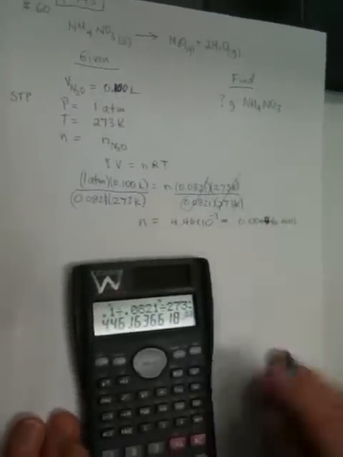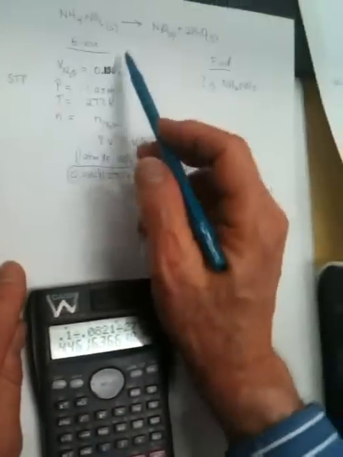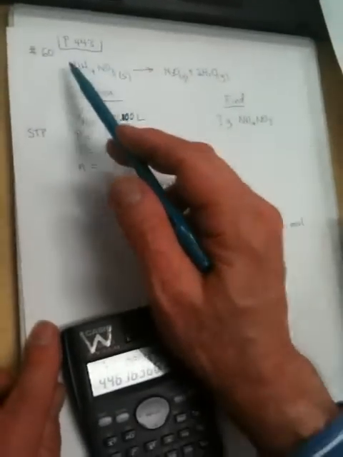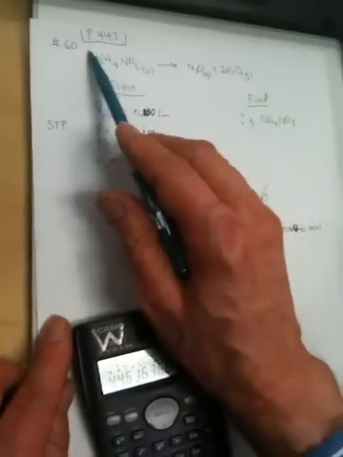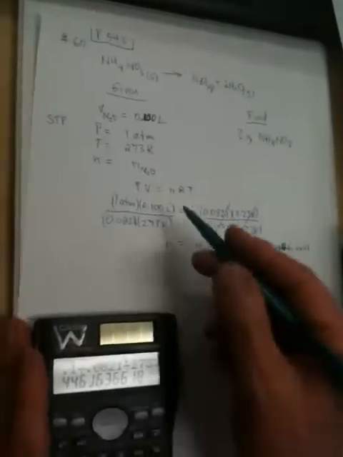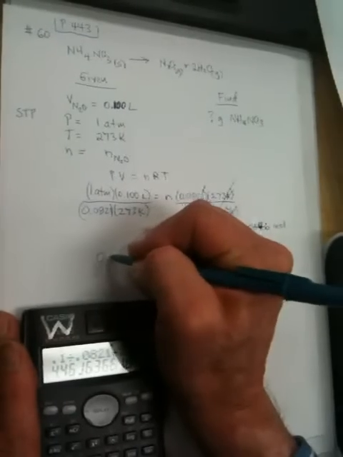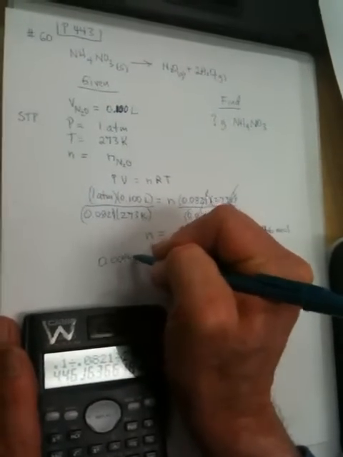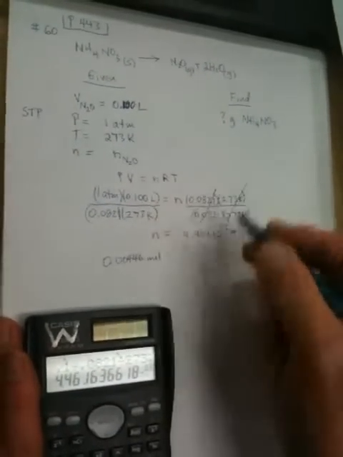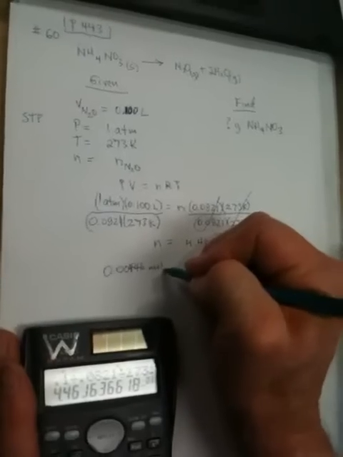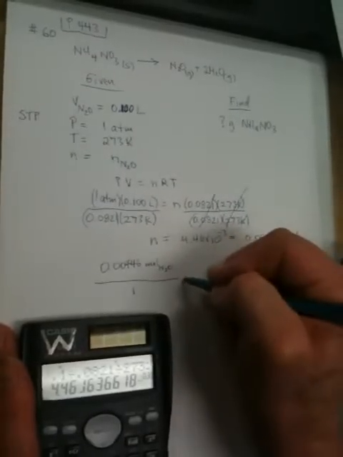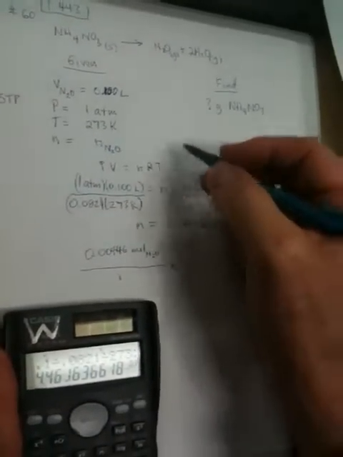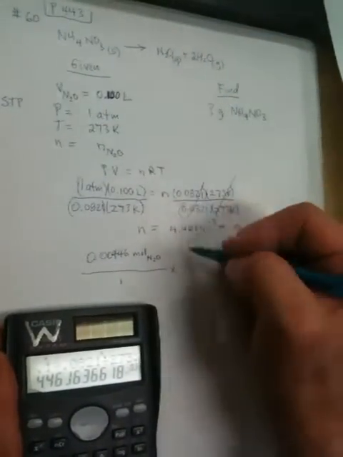So now we can use this relationship right up here and say that because our relationship here, moles to moles, is 1 to 1, I have 0.00446 moles of N2O, which is what we just found, over 1. Now I'm going to figure out my moles of ammonium nitrate, NH4NO3, to N2O, which is 1 to 1.